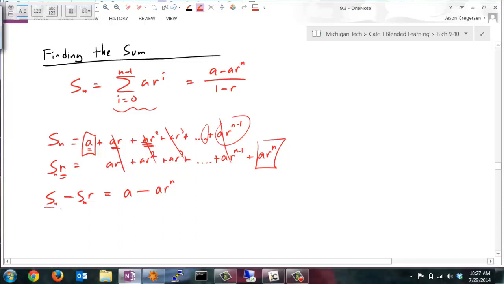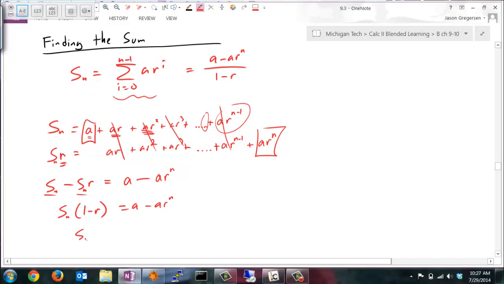And now I'm just going to solve for that number. I have one of them here, I have one of them here. I'm going to factor them out. I'm going to divide by the 1 minus r. And that's my expression. That's a formula for the sum of the first n terms.